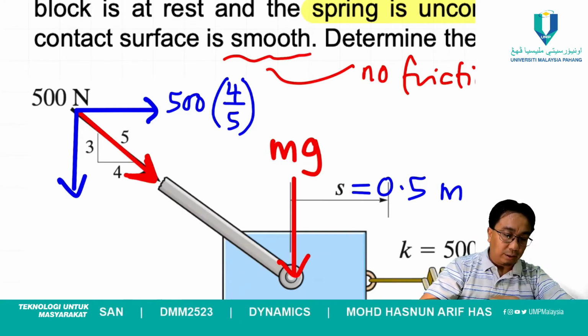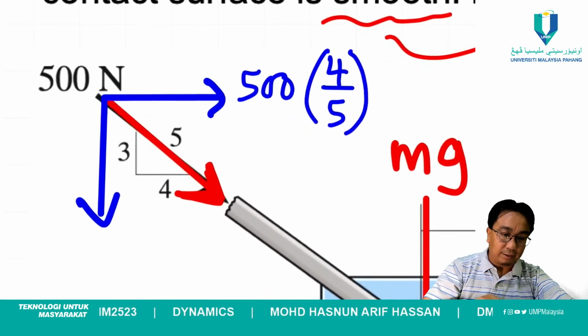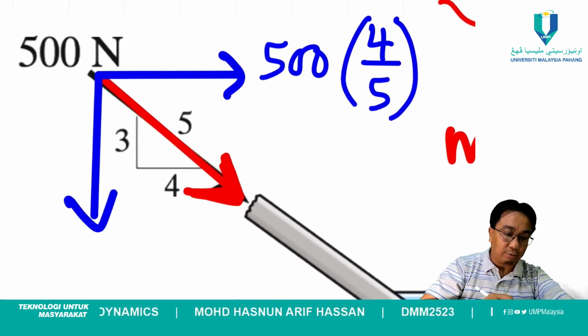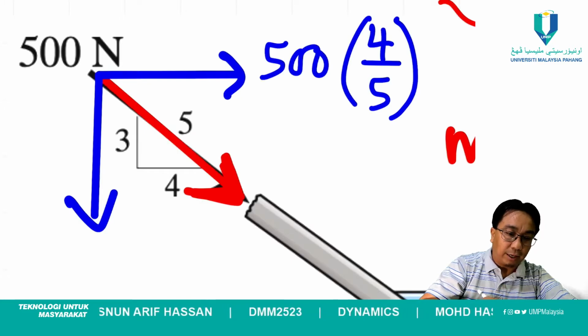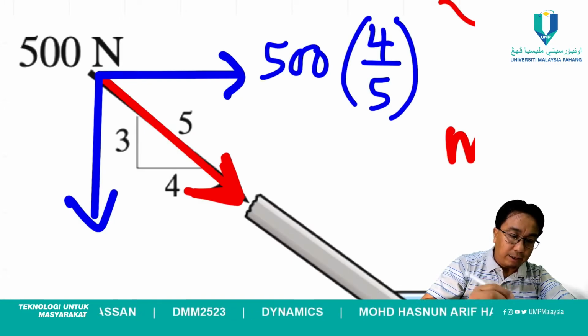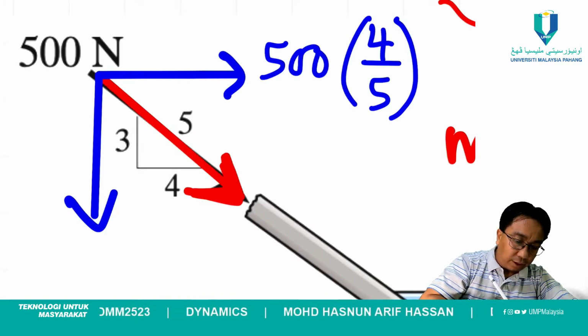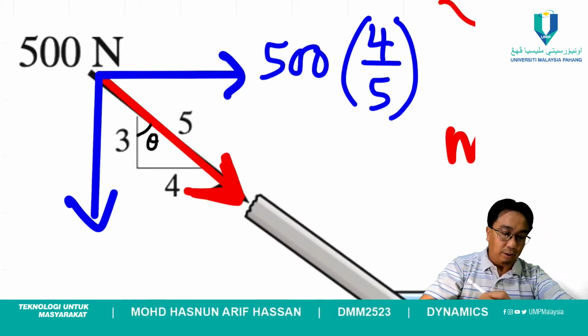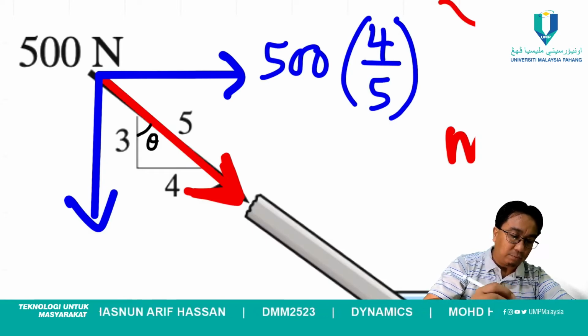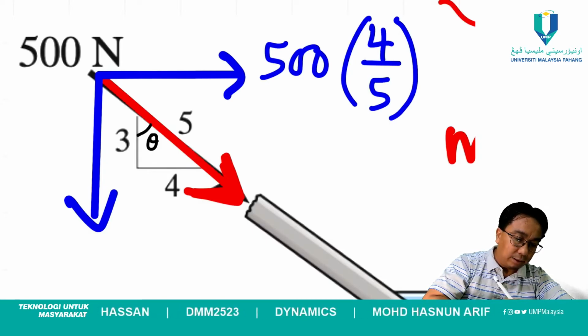So if you want me to explain this, let's just quickly explain how to use this small triangle here. Bila dia bagi small triangle di sini, you can imagine that if down here is theta, this angle is theta. Okay, so if this angle is theta, which means that this here is also theta.